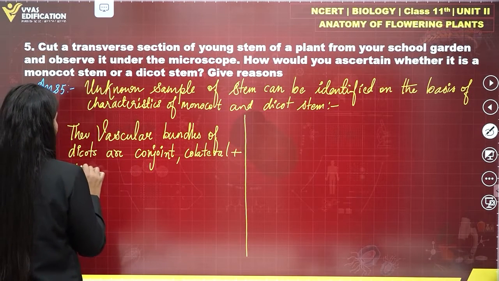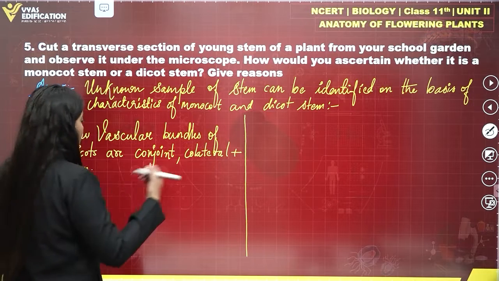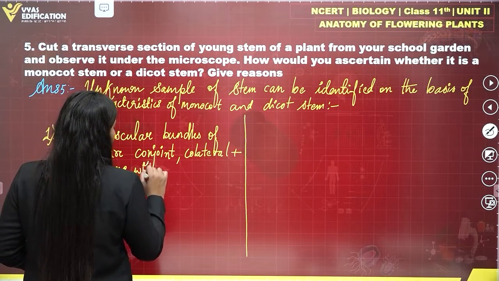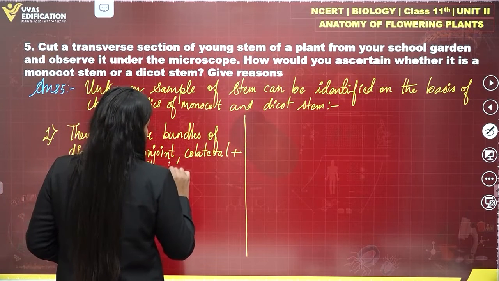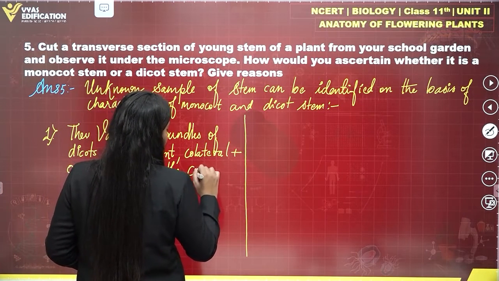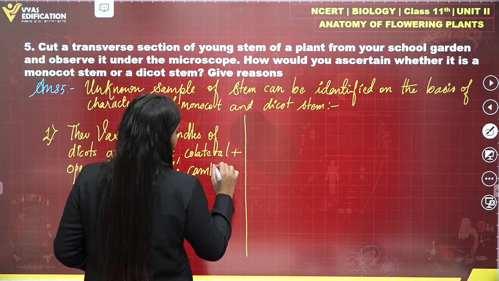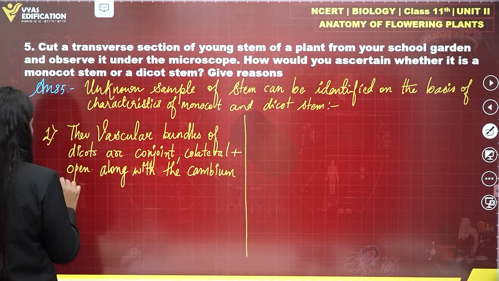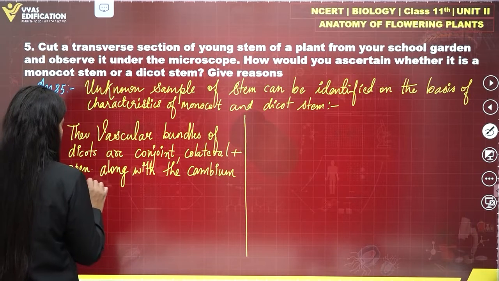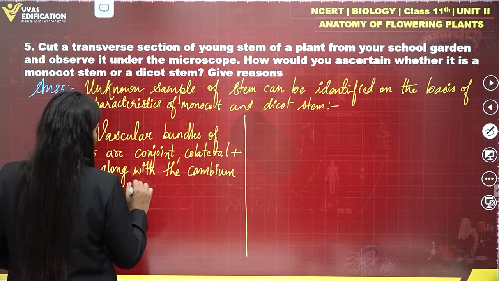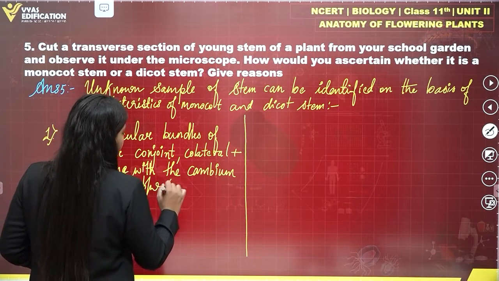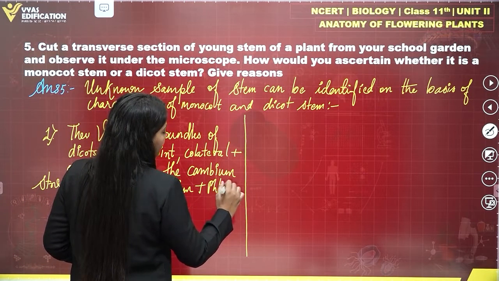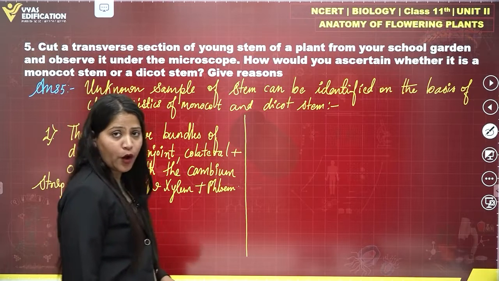That means they can have secondary growth, along with the cambium strip present in between xylem and phloem.